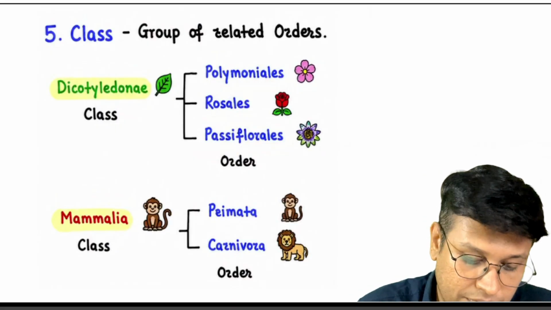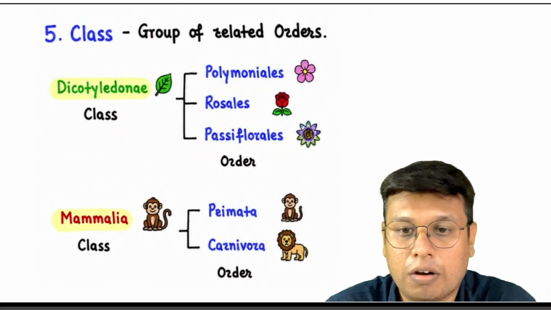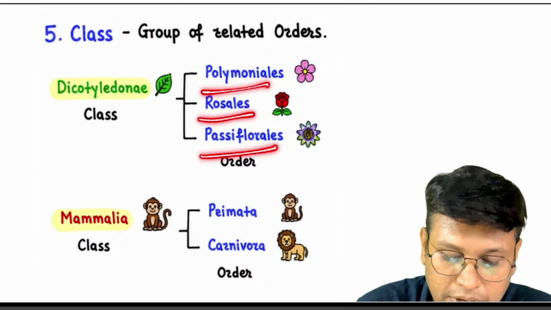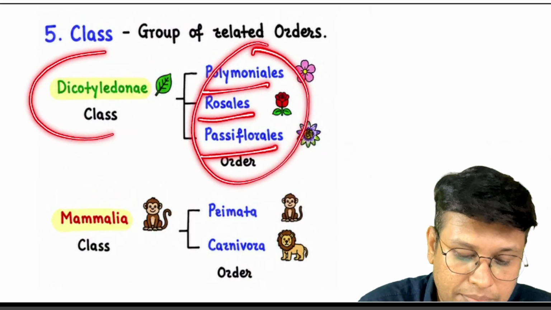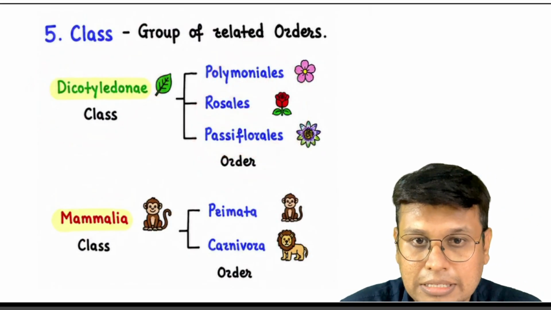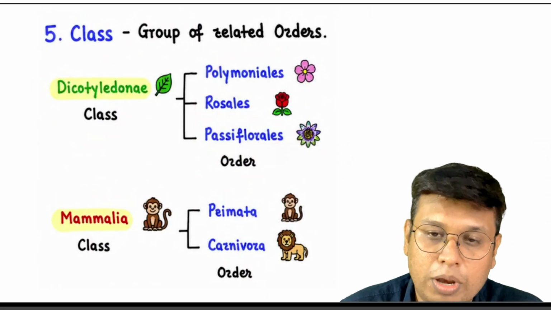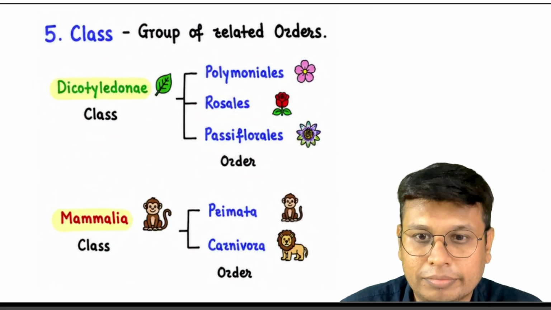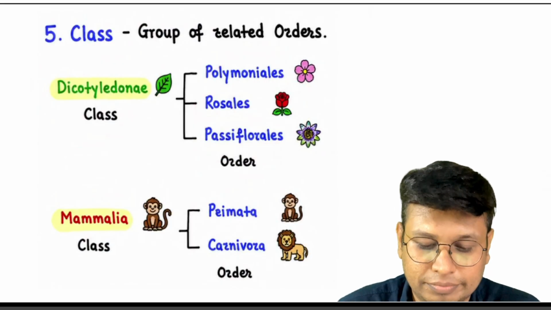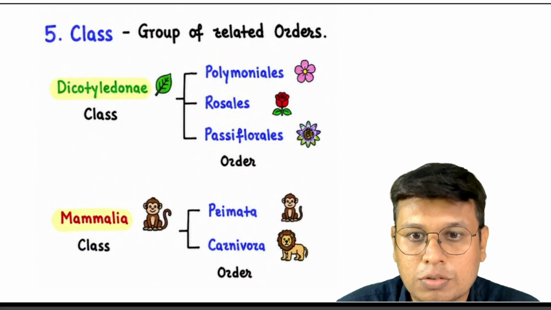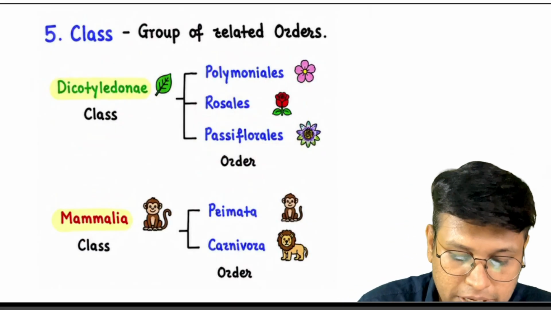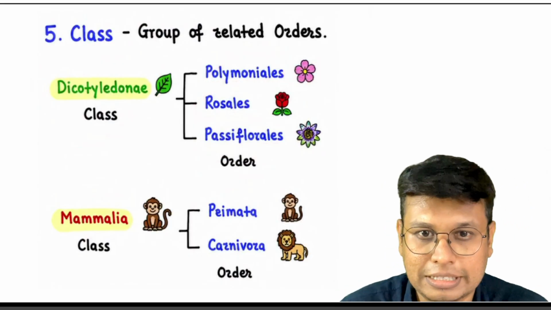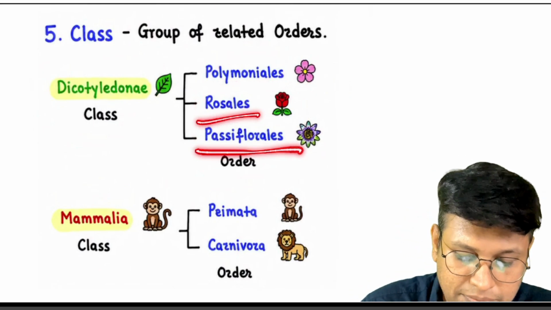These are the orders which come under the dicotyledon class. Polemoniales, under it come which families? Convolvulaceae and Solanaceae. Polyconsola.